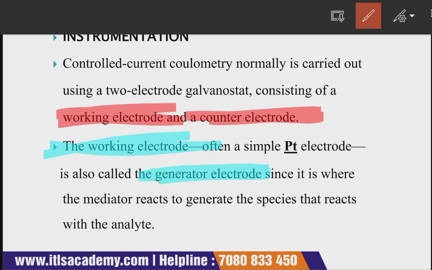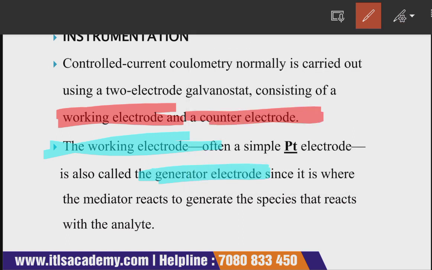So generally in examinations or in interviews, they can ask you why the working electrode is known as the generator electrode. The reason is that it is where the mediator reacts to generate the species that reacts with the analyte.